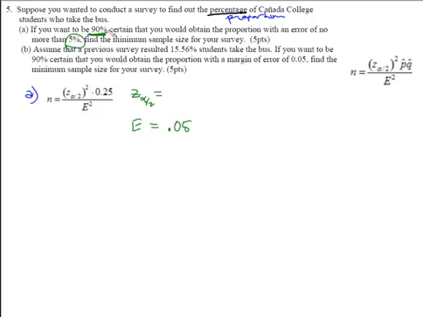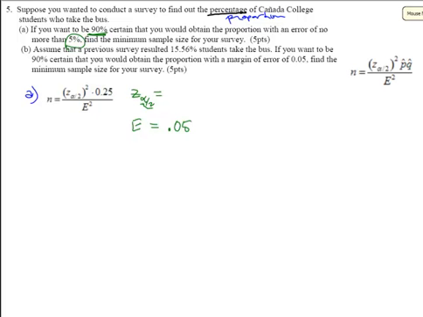At 90%, and this is a problem on finding the sample size. So what we want to do is look at it with the z sub alpha over 2 business, and that means we have to cut this in half. And so there are two ways of doing this.